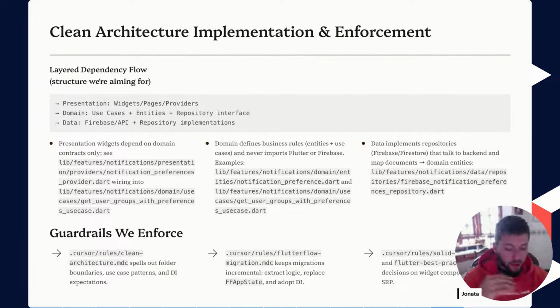And we have another rule, which is the Flutter best practices, that's basically oriented to better widget composition, state handling, and single responsibility principle, which I think is basically the main thing when we are thinking in terms of architecture, especially in the age of AI.